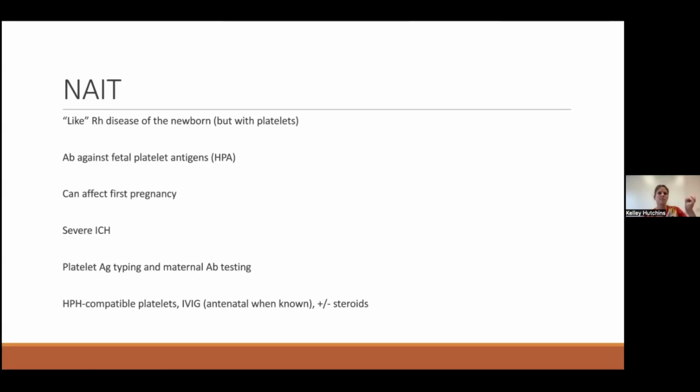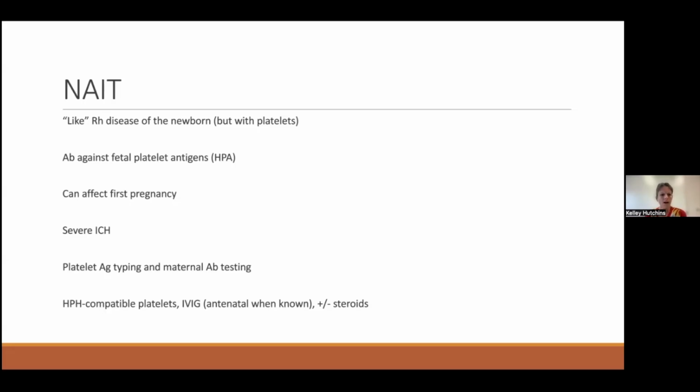This is when the maternal antibodies are against the fetal platelet antigens, these HPA different antigens, HPA1 being 1A and 1B, but ultimately it's the mom's antibody against the baby's platelets. This is important to recognize because this can cause severe intracranial hemorrhages, including in these first babies, and it can be worse in subsequent pregnancies.